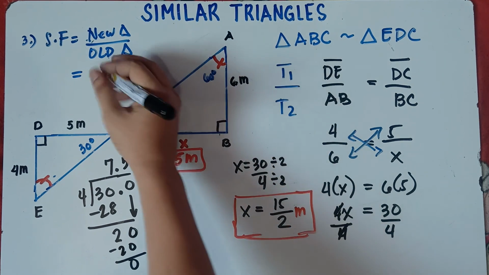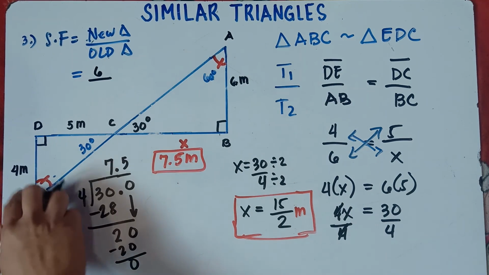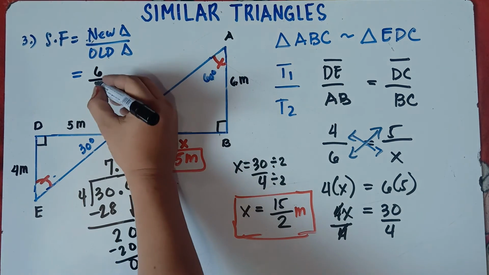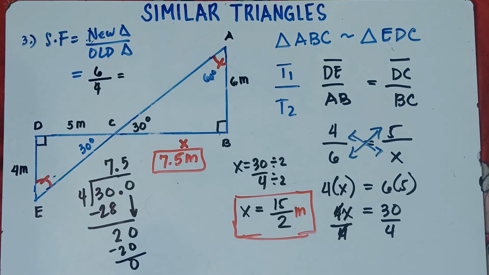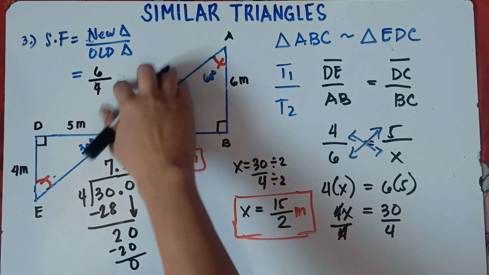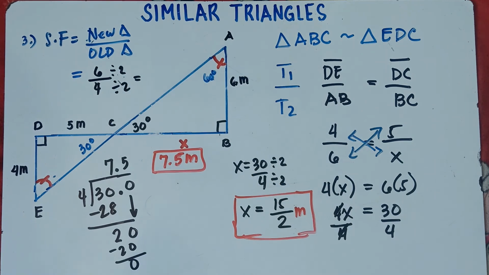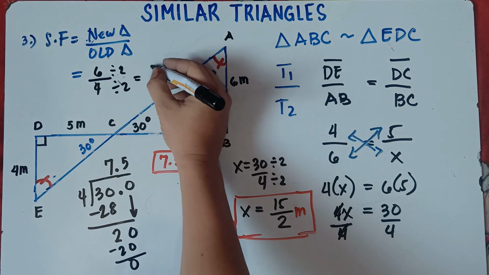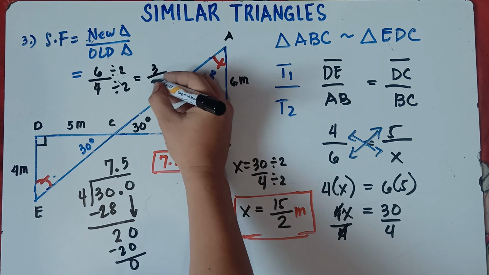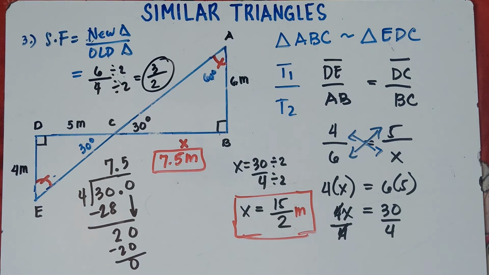So that would be 6 over the old triangle, that is 4. So the scale factor, 6 divided by 4, we cannot divide that directly. So let's reduce, class. Divide by 2. 6 divided by 2, that is 3. 4 divided by 2, that is 2. That's it, class. That's the scale factor.